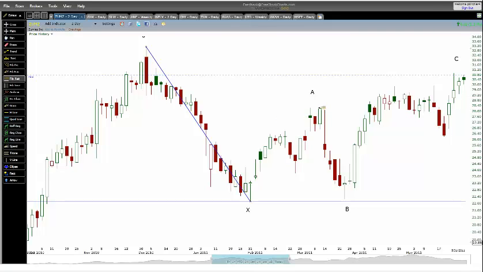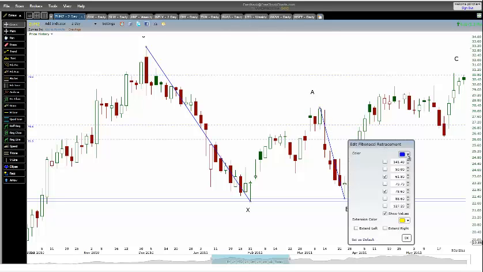We're going to drag from the high of wave A to the low of wave B in this case. And I'm going to change the color of this study so it's distinct from the other ones. And we will often find a reversal zone on these ABC patterns between the 127.2 Fibonacci extension level and the 141.4 level.